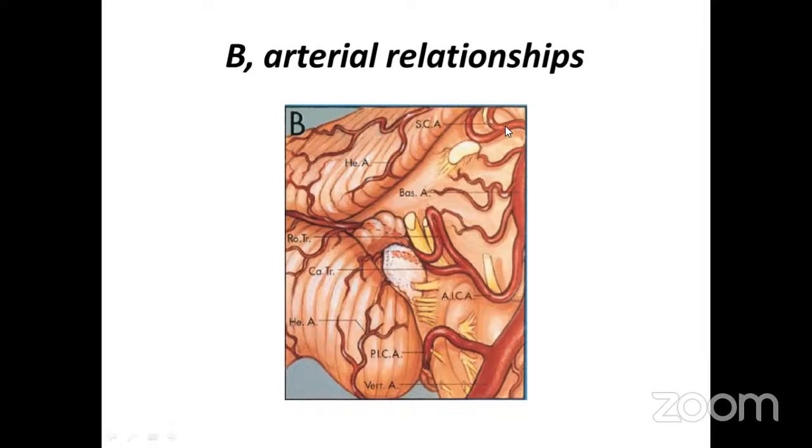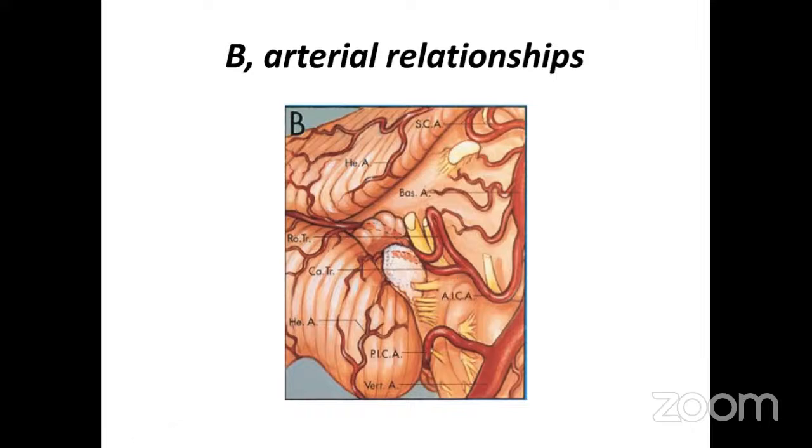If we look at the further parts or segments beyond the CP angle, the SCA has four segments beyond the CP angle. The ICA also has four segments and PICA has five segments. Okay, so these will be further defined.